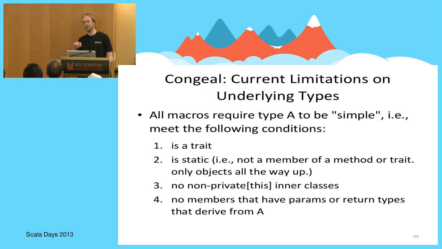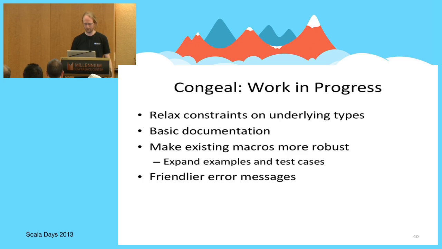So if I wanted to write an impl of a list, I would have to rewrite that code to return an impl of a list instead of just the list. And I'm not going to go there yet. Maybe never. So I'd love to relax those constraints on the underlying types.